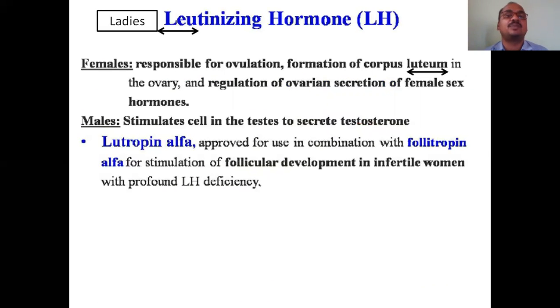And luteinizing hormone, here I have shown luteinizing, ladies. It is responsible for ovulation. Corpus luteum is a part of the uterus. In males, it stimulates the cells in the testis to secrete testosterone. In males also it is required, but in small quantity.